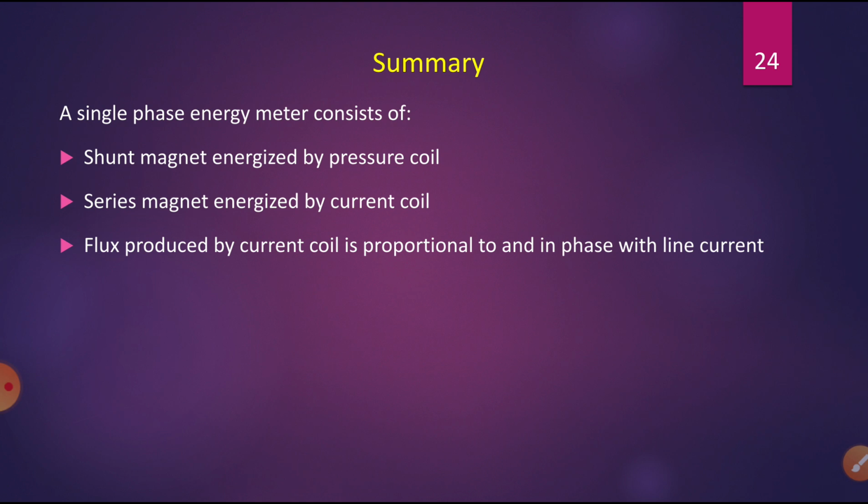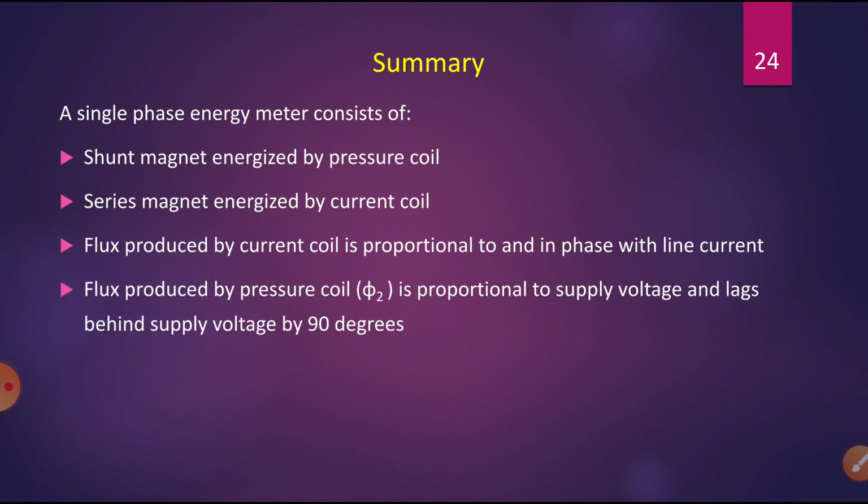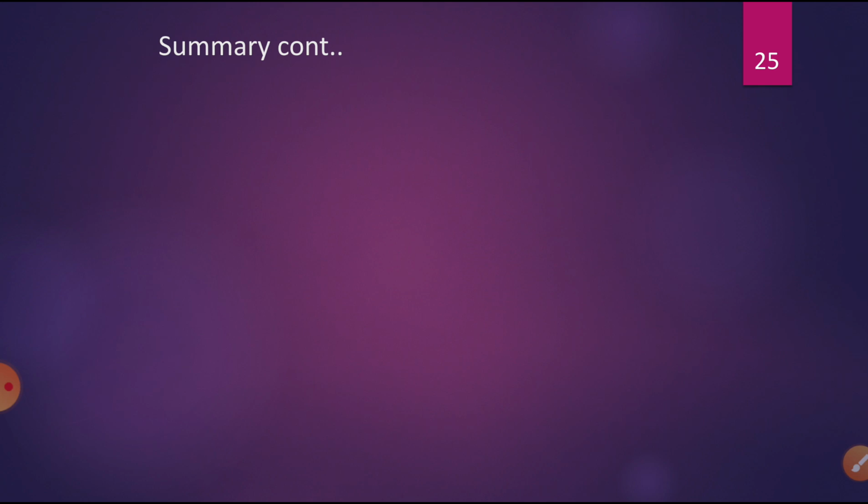Here the flux phi 1 and I are both very good friends. In the second case, the flux produced by the pressure coil, phi 2, is proportional to the voltage, and it lags behind the supply voltage by 90 degrees.